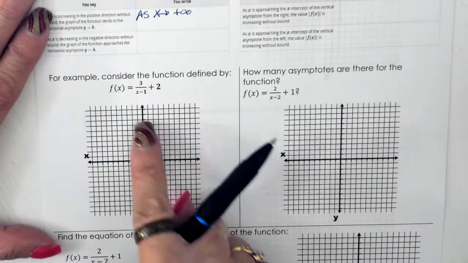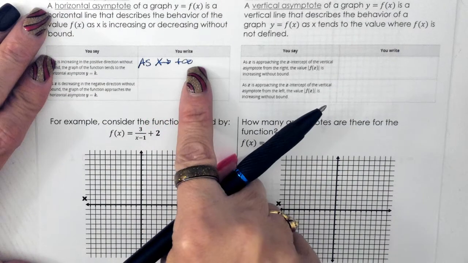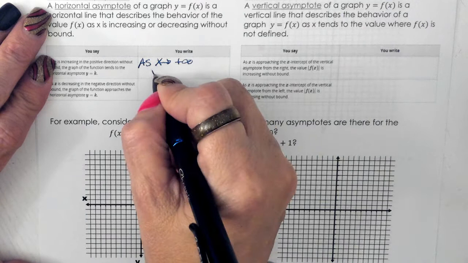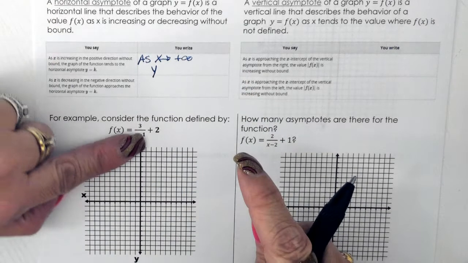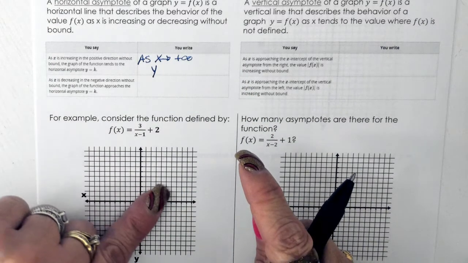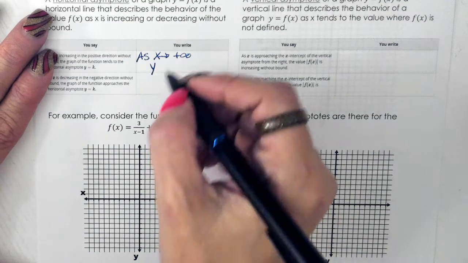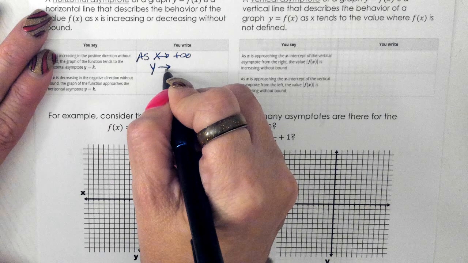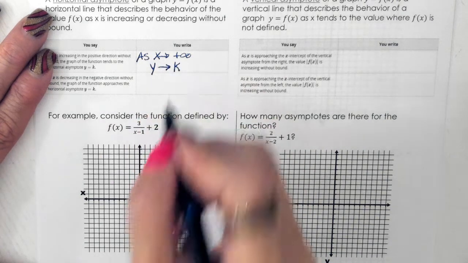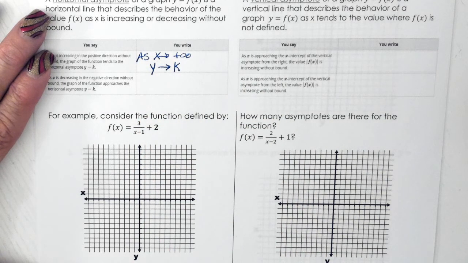So what I'm going to say is as x approaches positive infinity, the y value is going to get really, really close to whatever that asymptote's at. So your y value is going to approach that value that it's going to. I know that probably didn't make any sense. When we start writing it out, it will.